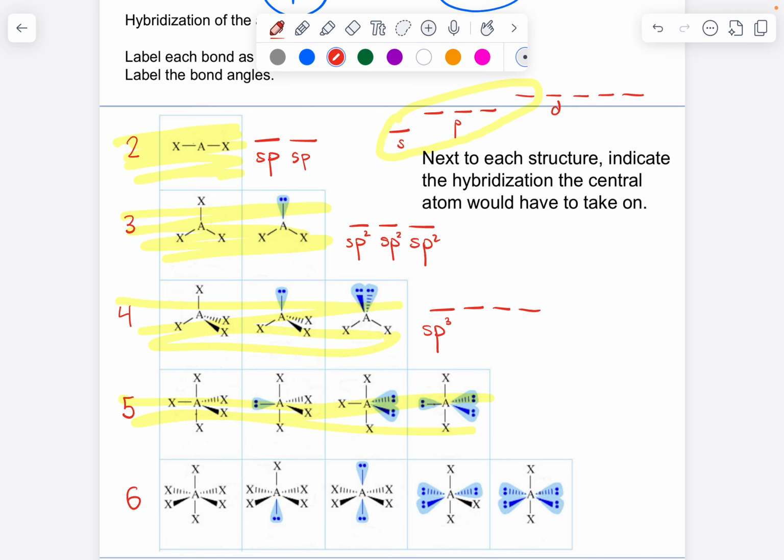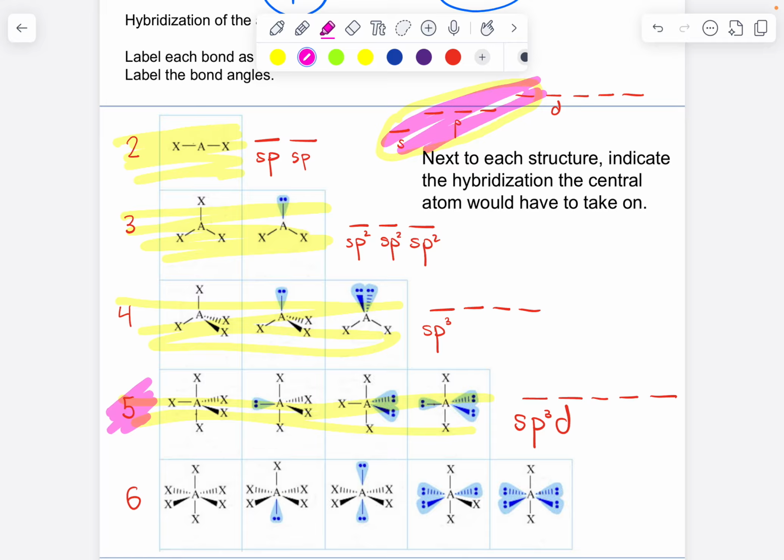So I take those 5, I mix them up, and I make 1, 2, 3, 4, 5 new orbitals, and I call them sp3d, because I used 1 S, 3 P's, and 1 D. Just to emphasize the point, the number of electron groups is the number of orbitals I grab, and that's the number of orbitals I make.